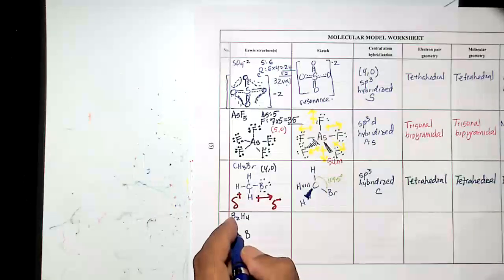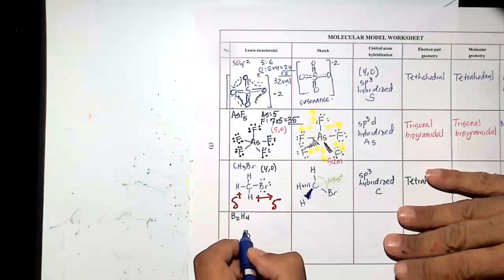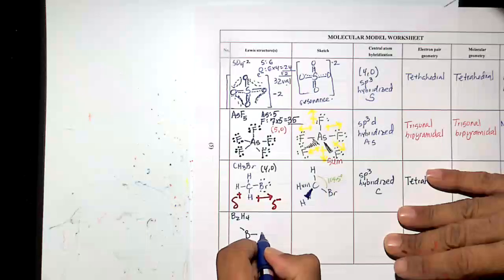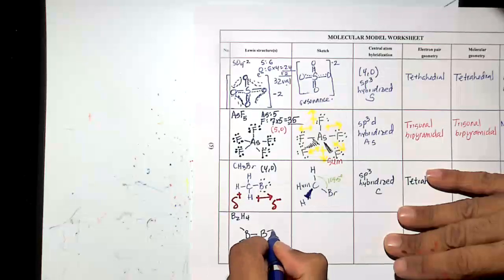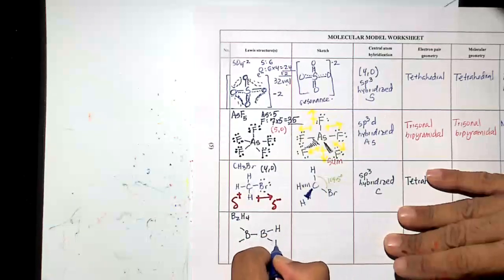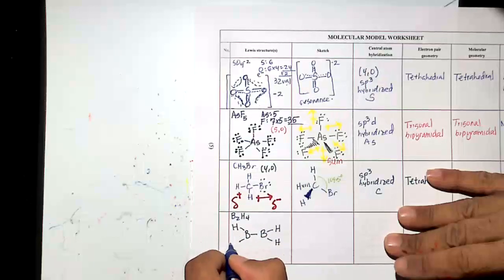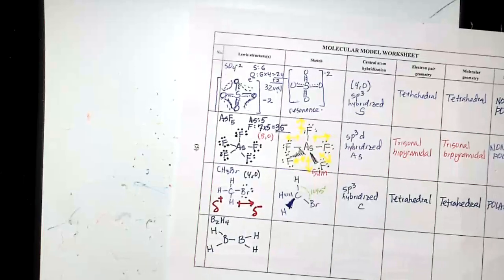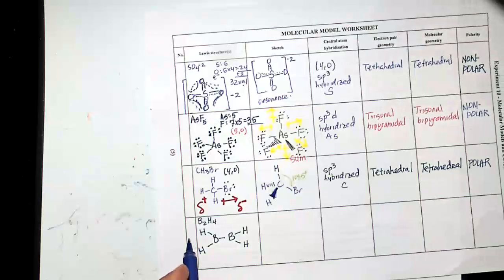So how am I going to get 3 here? 1, 2, 3. That would be B2H4. So we're going to look for something that has 3. I don't think we have anything with 3. I don't think you guys have it.